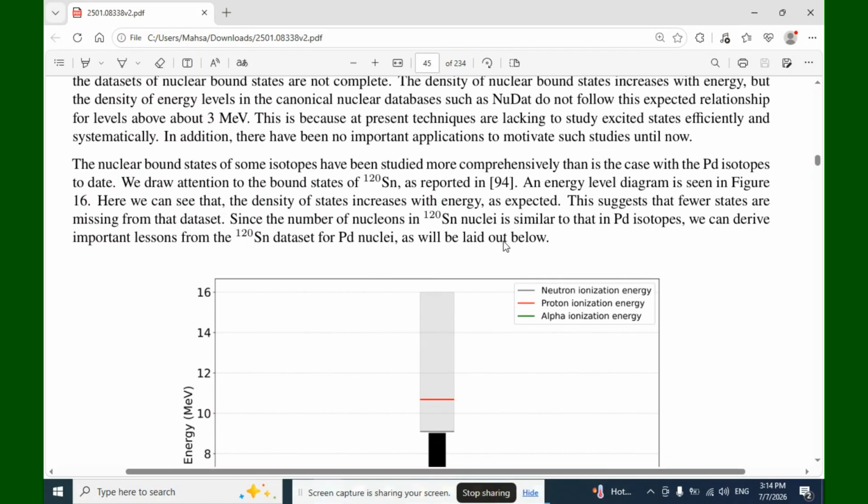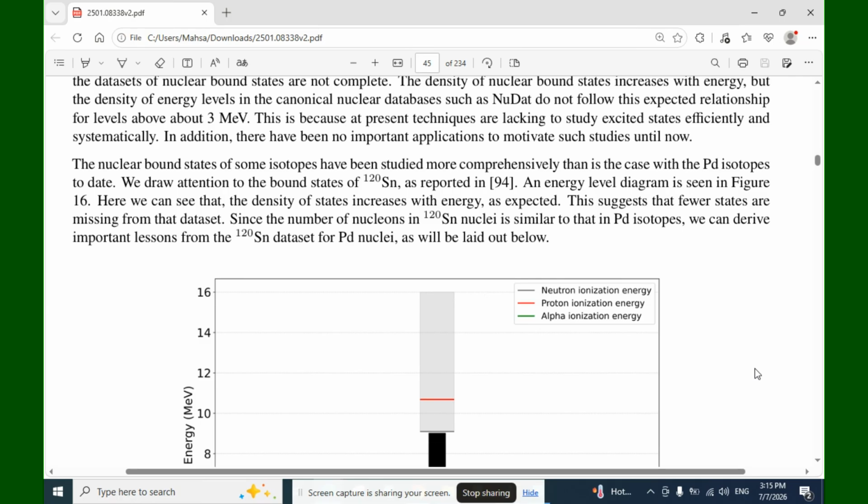The nuclear bound states of some isotopes have been studied more comprehensively than is the case with the palladium isotopes to date. We draw attention to the bound states of Sn-120 as reported in reference 94. An energy level diagram is seen in figure 16. Here we can see that the density of the states increases with energy, as expected.